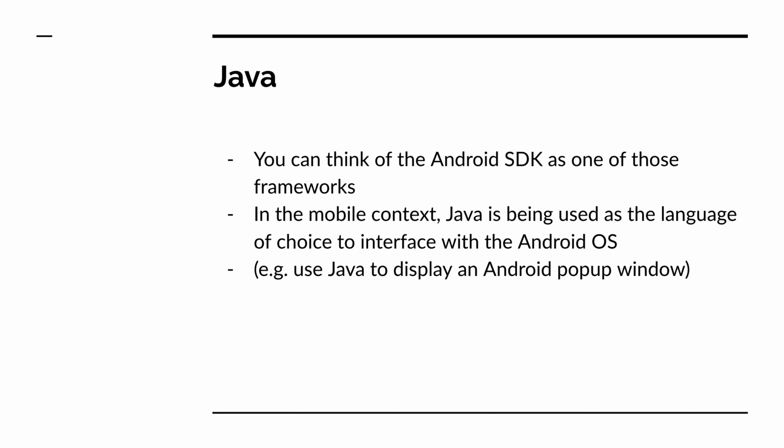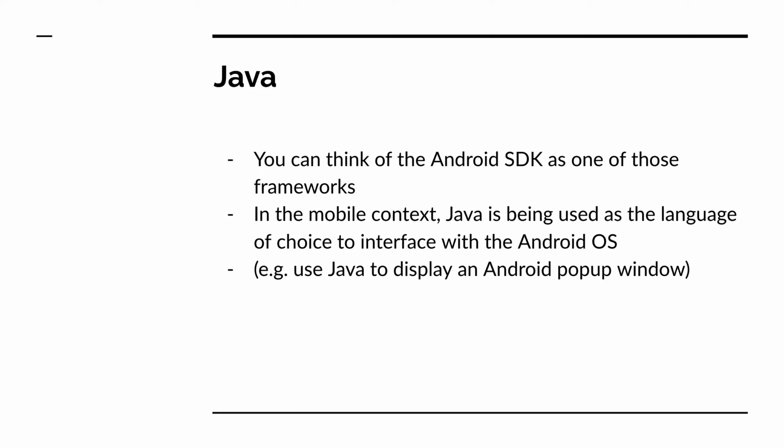So in the Android world, you can really think of the Android SDK as one of these frameworks. In the web world, it would be a different framework for doing server-side logic, potentially like database management. But on Android, Java is essentially the driver into the Android OS.